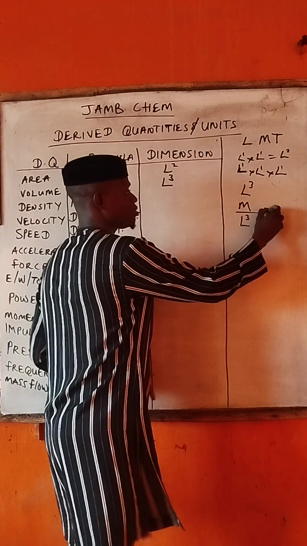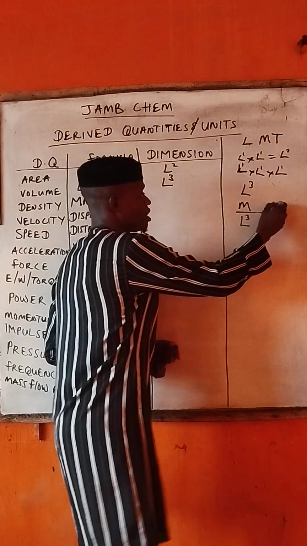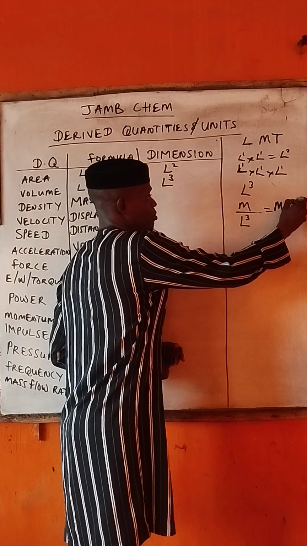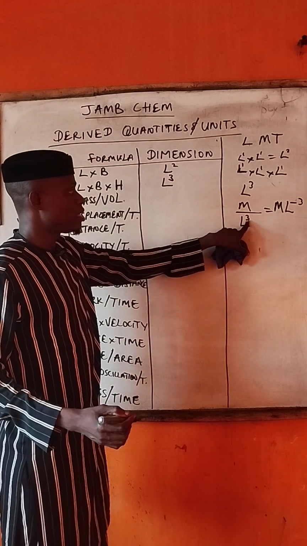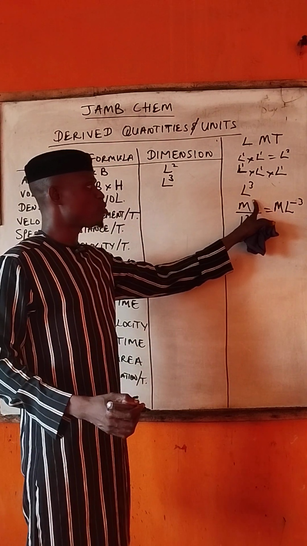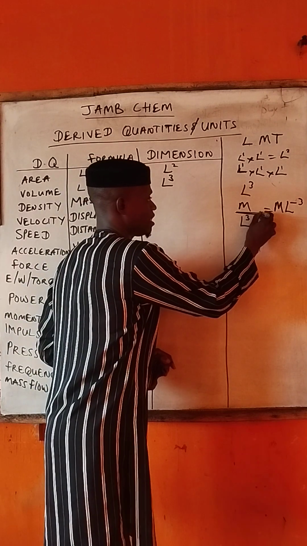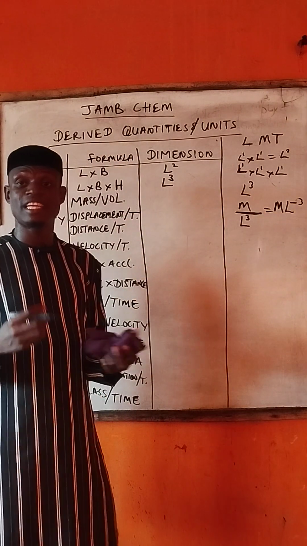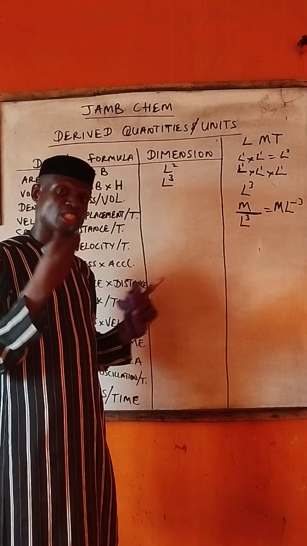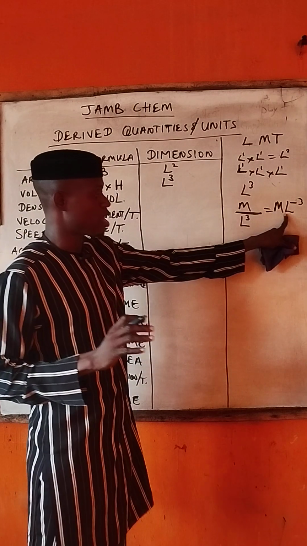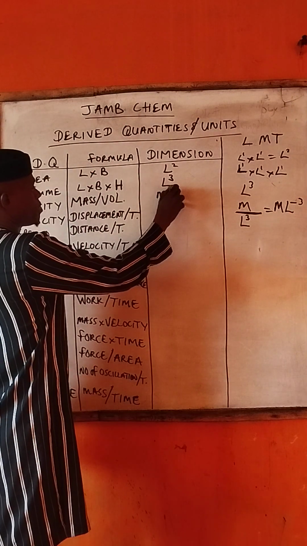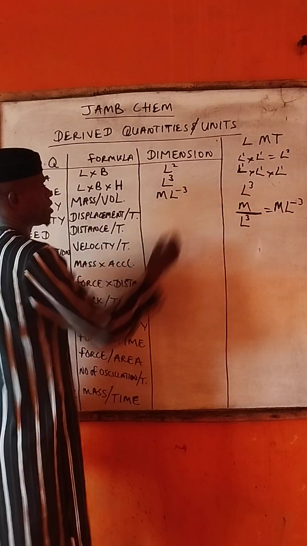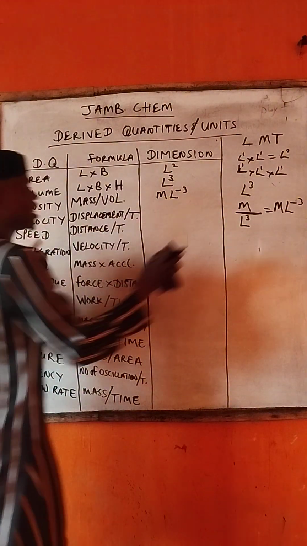If you want to write this in index form, it will be M L raised to power minus 3. When the 3 comes up, it brings a minus because of the division; in indices, division changes to minus. So we have M L raised to power minus 3. That is for density.